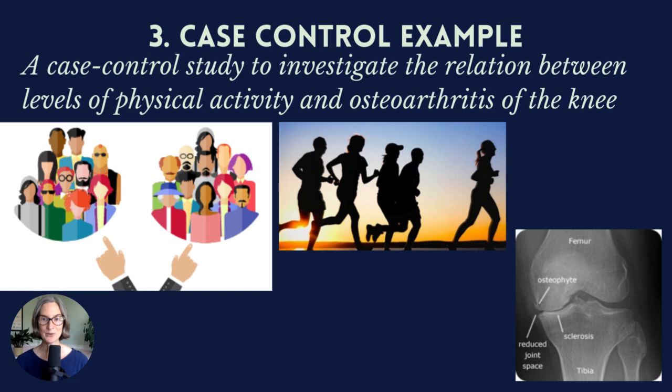What they found was that there's little evidence to suggest that increasing physical activity over life leads to increased osteoarthritis in the knee. But if you had a previous knee injury, that was associated with increased risk of osteoarthritis. Now, most injuries can be caused through participation in physical activity. So you have to think about the type of activity you're doing and the chance of injury, as some of those activities can have a greater risk of injury. So that's an example of a case control.